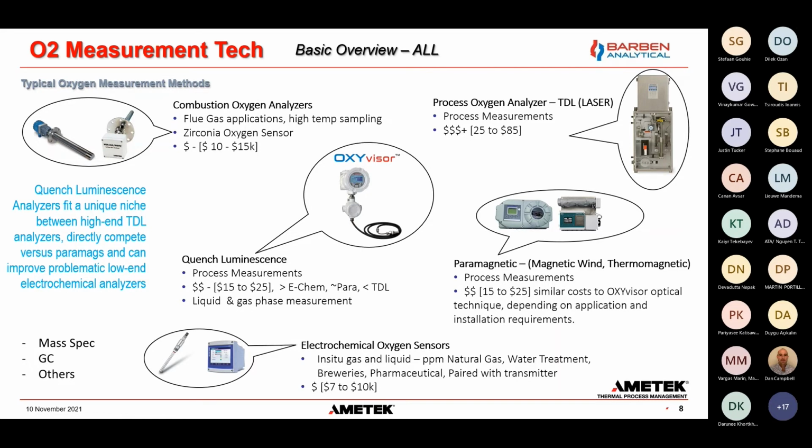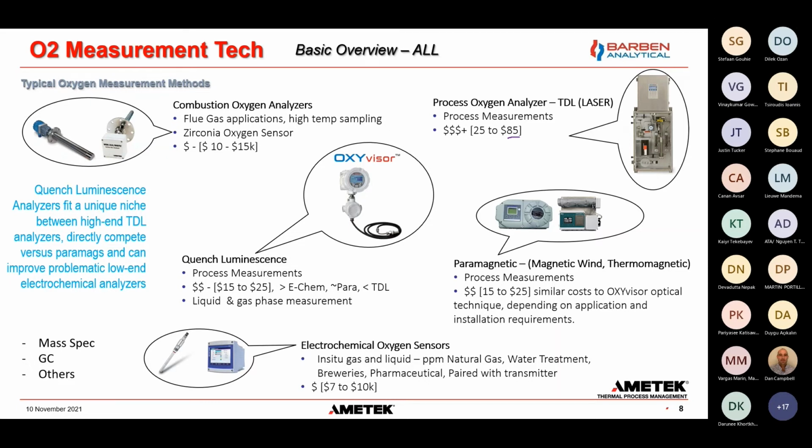I put down a few of the general price ranges of the devices, some of them all the way to a pretty extreme number depending on the sampling system or the seals involved. But here's a general landscape of the analyzers that are out there, and we're going to go through these top ones.